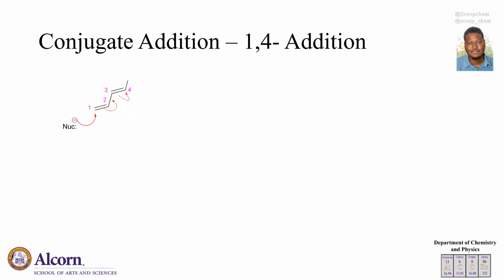So the conjugate addition involves all atoms in the conjugated system; carbons 1 through 4 have to be involved. That leads to this intermediate where carbon 1 has a bond to the nucleophile and carbon 4 has gained a lone pair in the form of a minus charge, which is referred to as a carbanion.